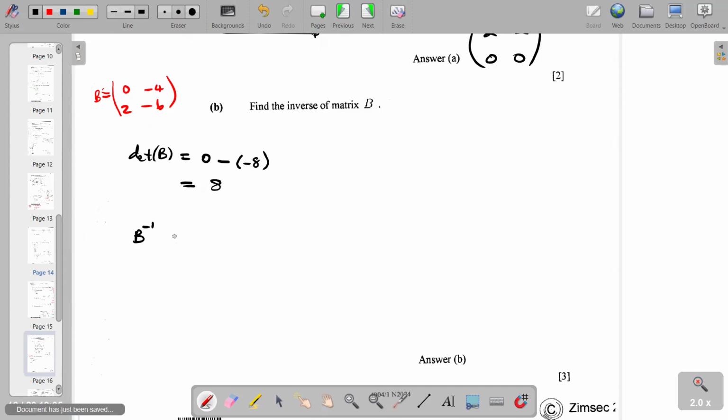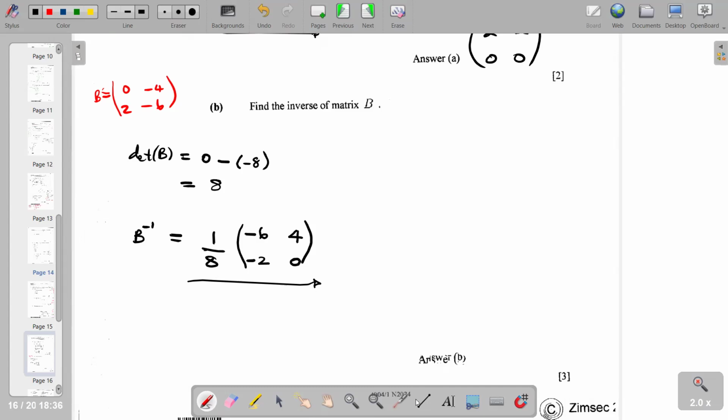So the inverse of B will be equal to 1 over the determinant, which is 1 over 8. Then we take the matrix. These two interchange their positions, so we are going to have minus 6 here. Then we have a 0 there. Then these two change their signs, so here we are going to have minus 2, and here we will get a positive 4.